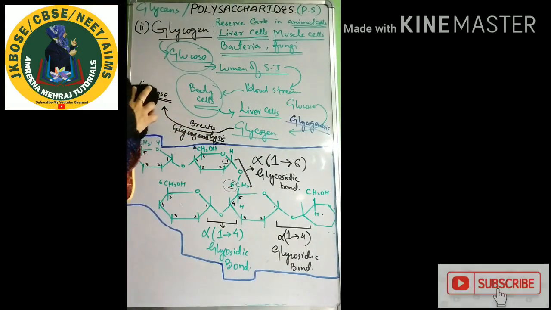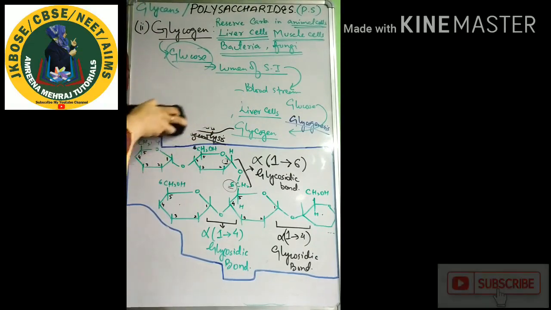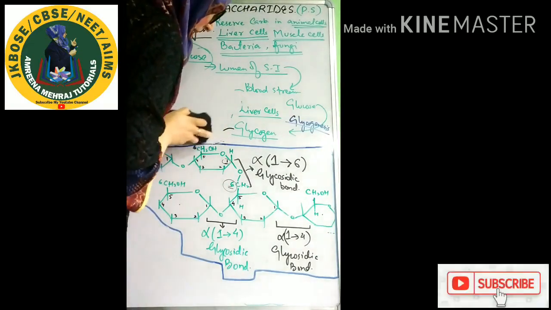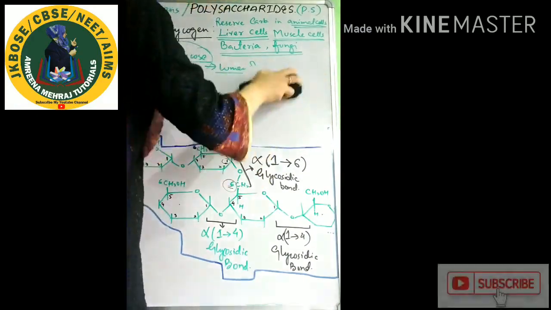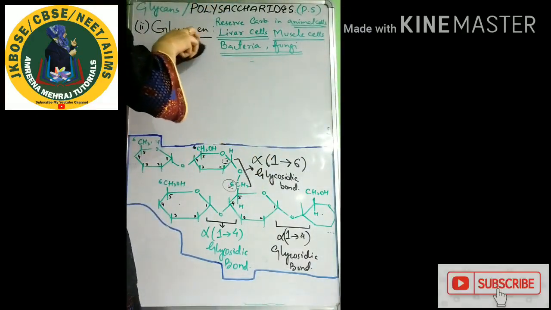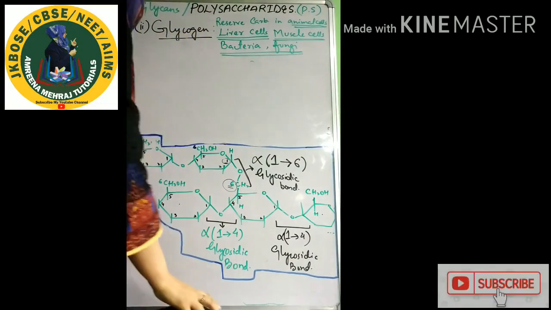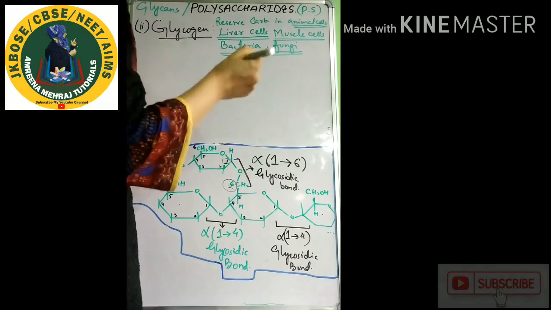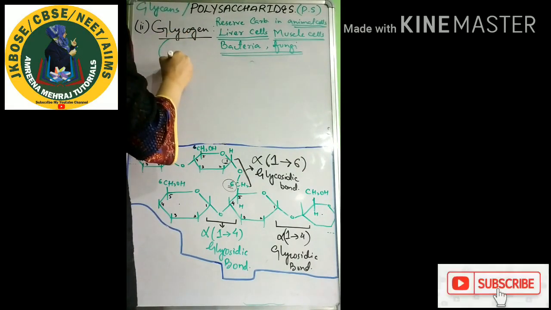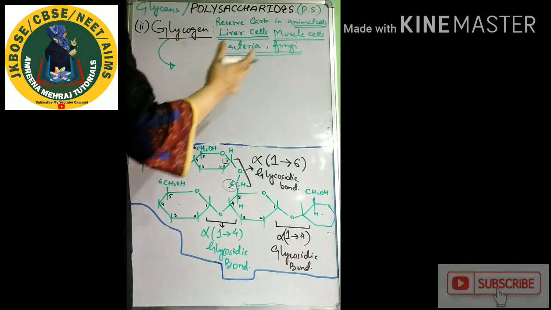Now the question over here is that your cells are storing what? Your cells are storing basically glucose in the form of glycogen, when we talk about animal cells. In plants, the same glucose is stored in the form of starch. Now, going ahead, how does this glycogen appear? Like, how is it structurally composed? Is it linear or branched?